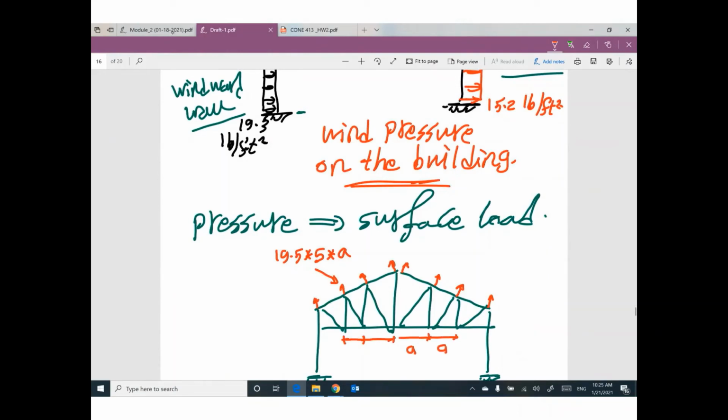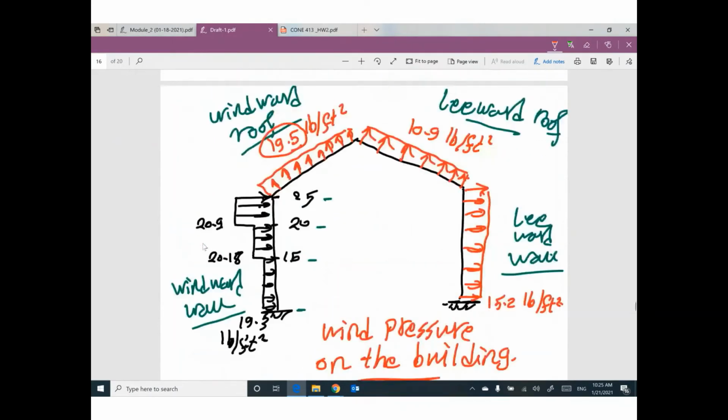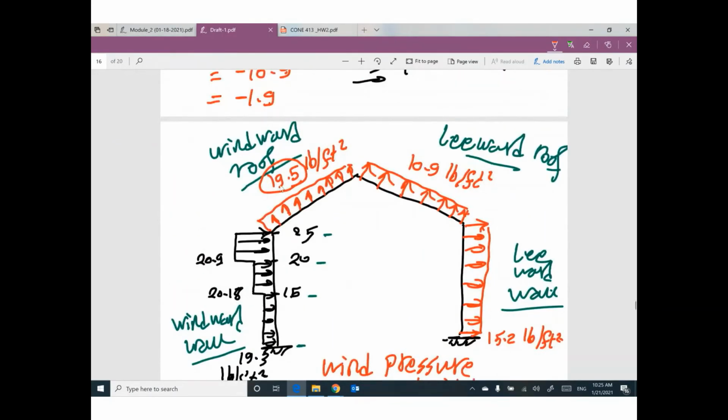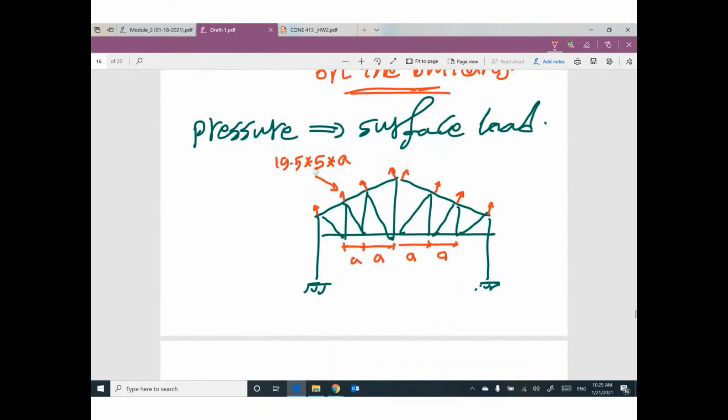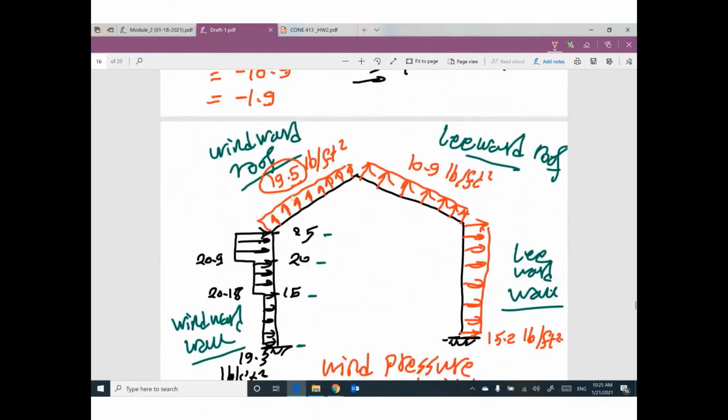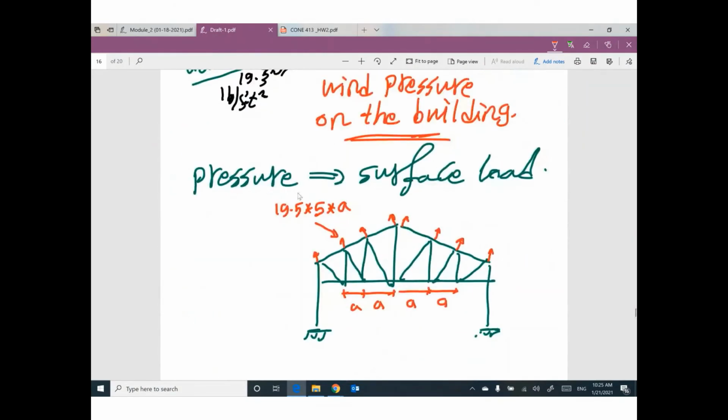So if you multiply the wind pressure value by the spacing between main systems and the spacing A, you can convert this wind pressure to a concentrated load at each joint. Make sure these concentrated loads are perpendicular to the surface of the truss.